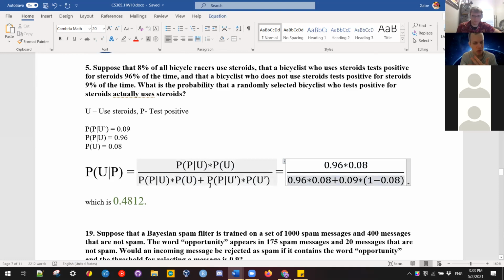And just metagaming it a bit, as a rule of thumb, these questions will almost never have a probability of 1 as the answer. I guess they could, depending on how they set it up. But mathematically, x over x is 1, right? If you have x over x plus y, then it can't be 1.